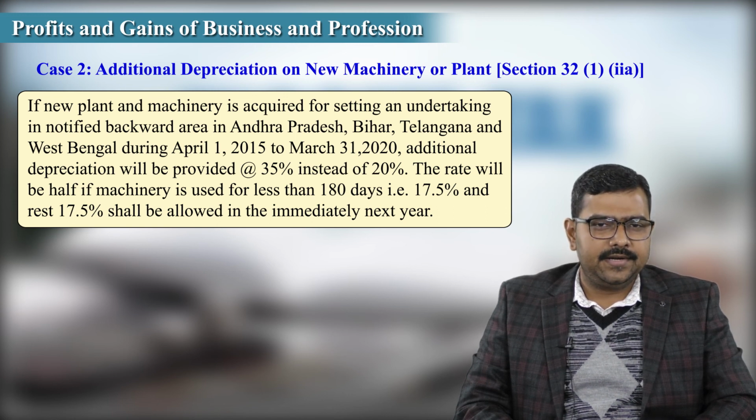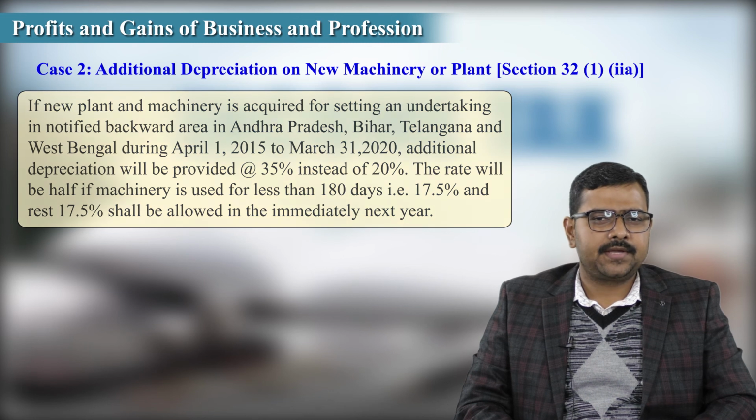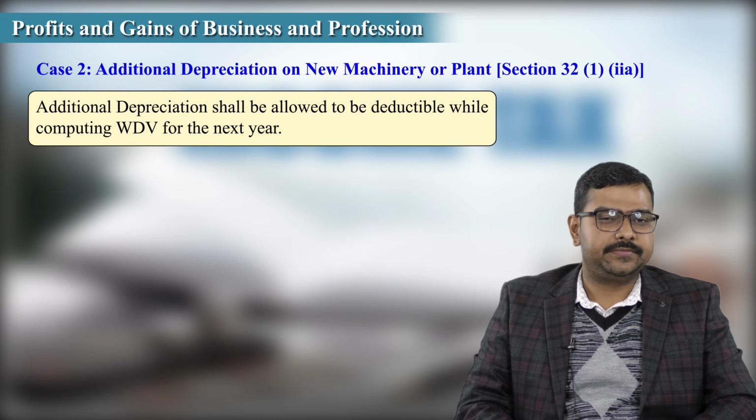So if the undertaking is set up in a notified backward area in the states of Andhra Pradesh, Bihar, Telangana and West Bengal, then additional 15% depreciation shall be available, so the total additional depreciation will be equal to 35%. Next point, additional depreciation shall be allowed to be deducted while computing WDV for the next year.